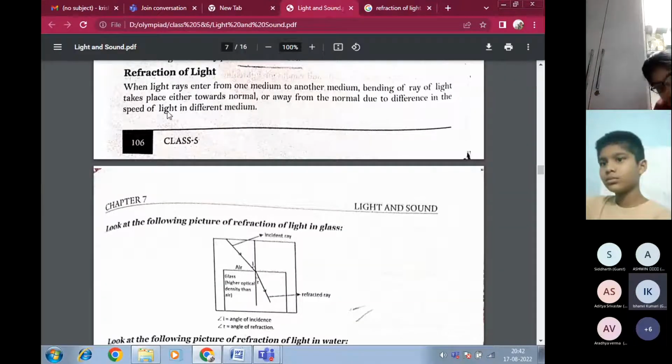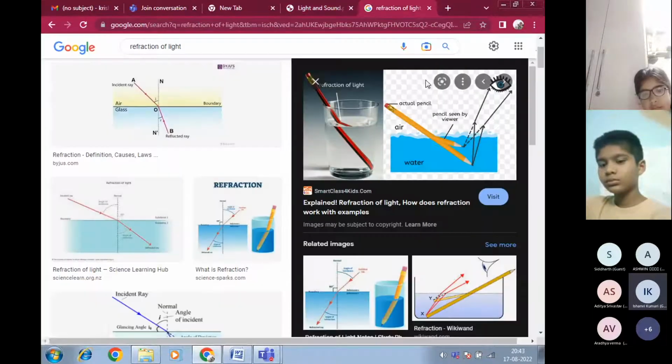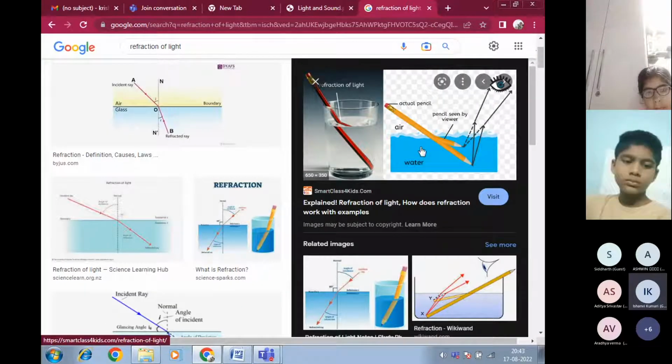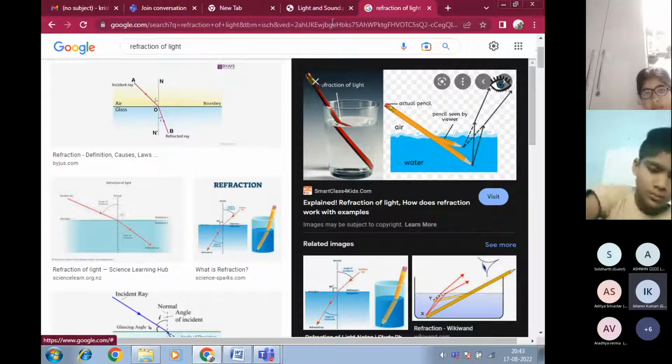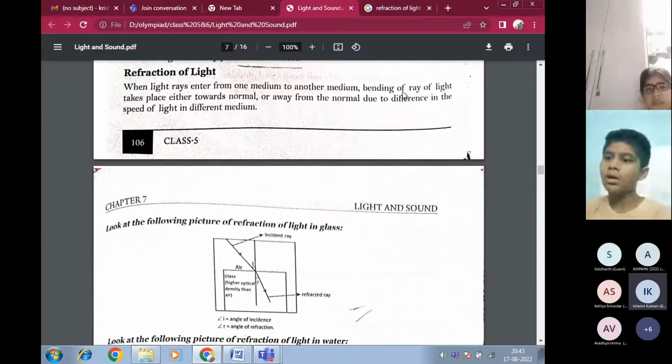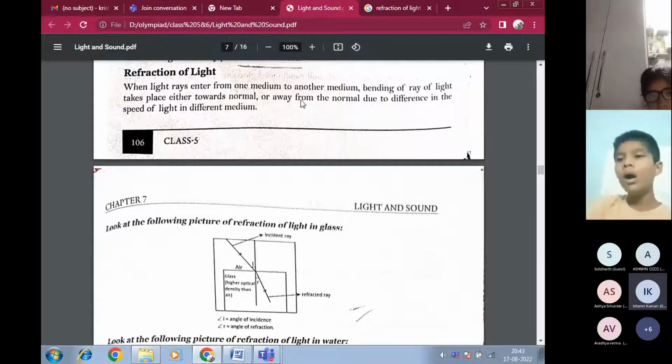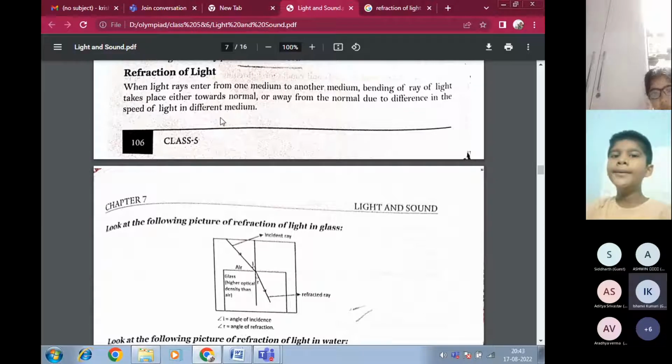Let's see the definition here. When the light rays enter from one medium to another medium, here the light rays entered from the air medium to the water medium, bending of the ray of light takes place either towards the normal or away from the normal due to a difference in the speed of light in different media.